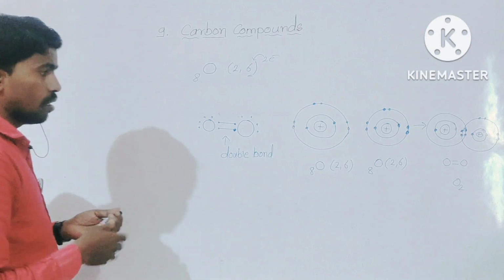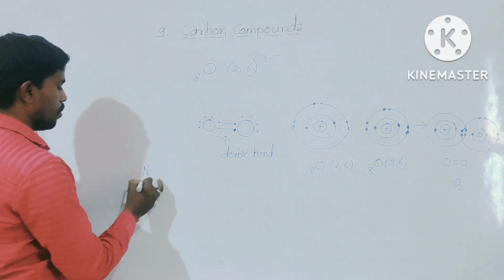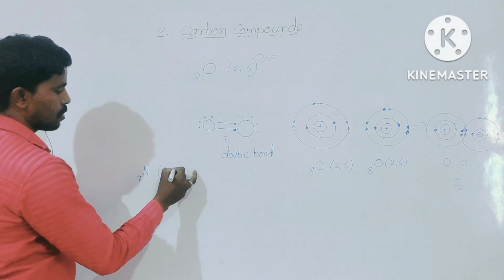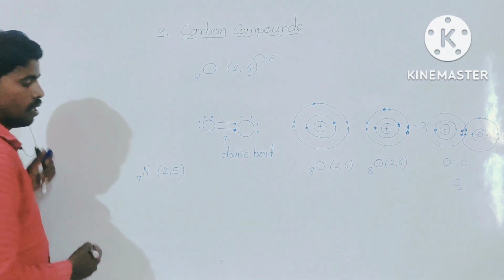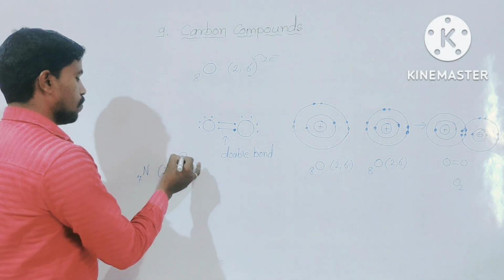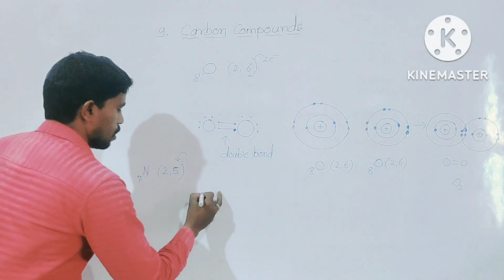Similarly, we can see another example, that is nitrogen. Atomic number of nitrogen is 7. Its electronic configuration is 2,5. And nitrogen shares its 3 electrons with another nitrogen atom, forming a triple bond.